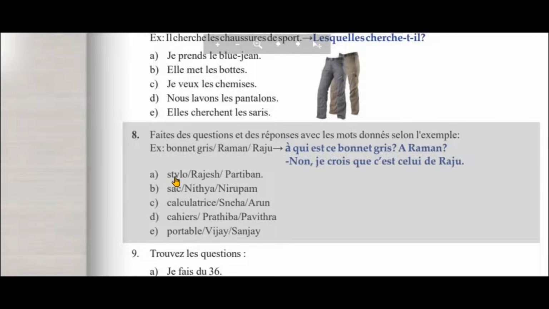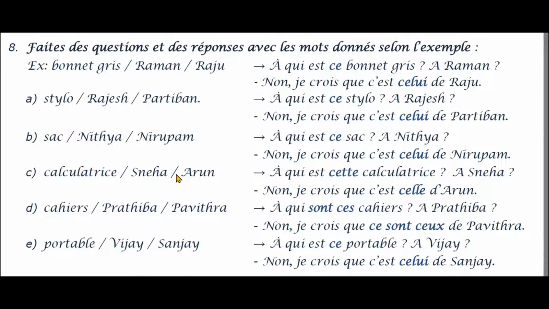So similarly, you have the noun stylo. For the very first sentence, all you have to do is replace this gray hat with the noun stylo, and replace Raman with Rajesh, and replace Raju with Parthiban.